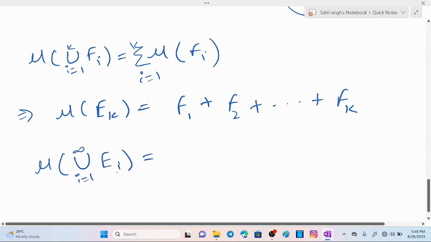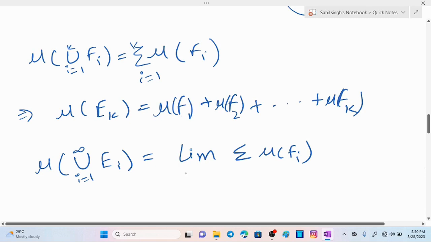Okay, from here we can conclude that mu of union of all the ei's, i running from 1 to infinity, will be nothing but the limit of this summation. Now here, if we sum this to infinity, i running from 1 to infinity, this will be equal to this one, right?